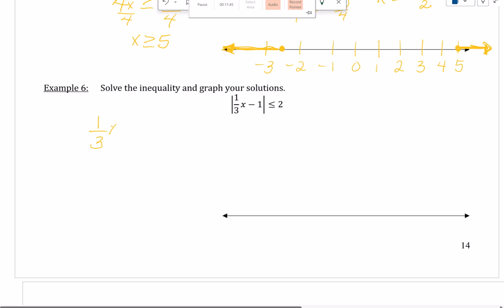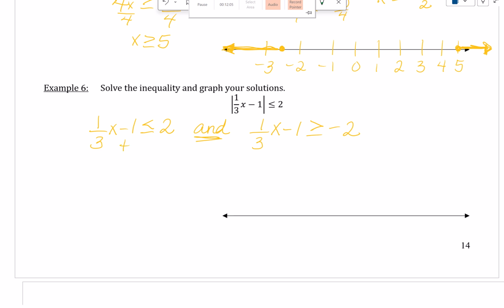So 1/3 x minus 1 is less than or equal to 2. And you can write it this way if it's easier than the joined one. 1/3 x minus 1 is greater than or equal to negative 2. You have to just know which one's going to be and which one's going to be or.